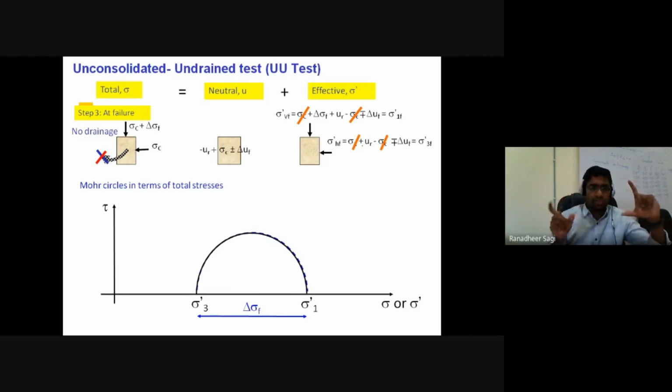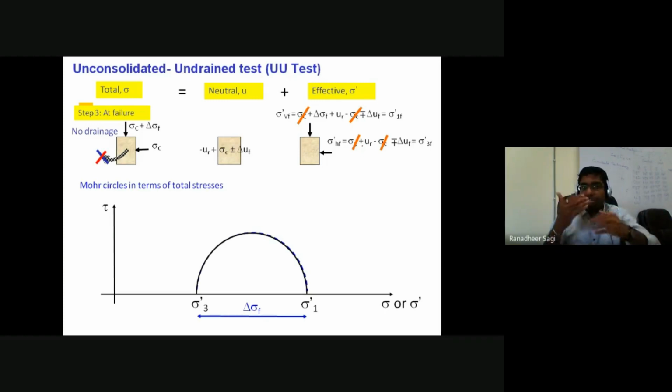Irrespective of how much confining pressure was applied on the 3 soil samples, in terms of the total stress, the amount of deviatoric stress additionally to be applied on the soil sample to cause shearing in sample 1 or sample 2 or sample 3 would come out to be the same.